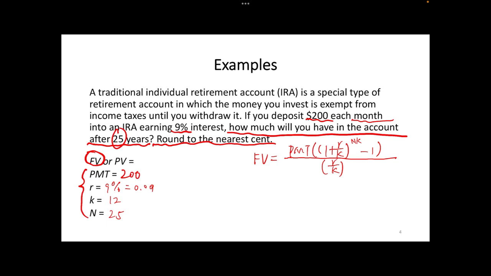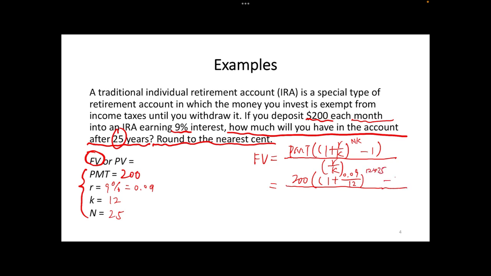So after we identify those parameter values, and then we plug into the formula, okay, which is 200 times outer parentheses, inner parentheses, 1 plus 0.09 divided by 12, close inner parentheses, and then raised to the power n times k power, that's 12 times 25, right?